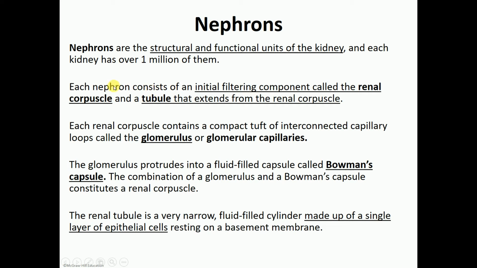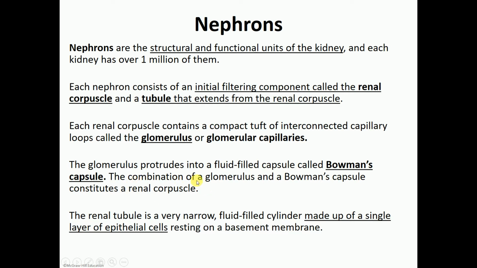So what does this renal corpuscle look like? It is made out of a tuft or a group of capillaries, and those capillaries are known as the glomerulus or the glomerular capillaries. These capillaries are surrounded by a very thin layer, made out of actually one layer of epithelium that surrounds it as a capsule, and that capsule is known as the Bowman's capsule.